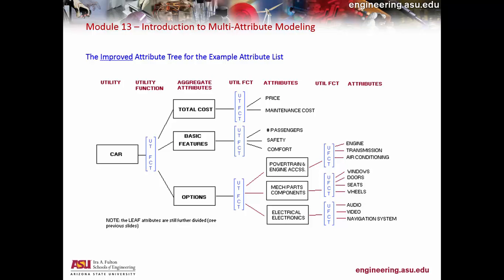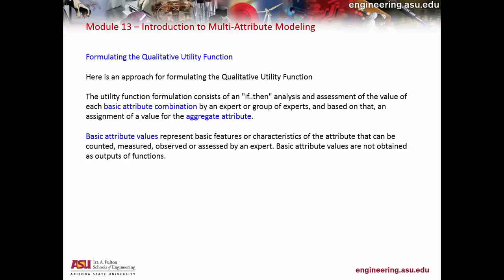Then we have sub-attributes, meaning everything is dependent on something else. If I say powertrain, that's the engine, transmission, and air conditioning. I could keep going: engine parts, carburetor, fuel injectors, and so on. You have to decide at what point you're not interested in your utility getting that granular.